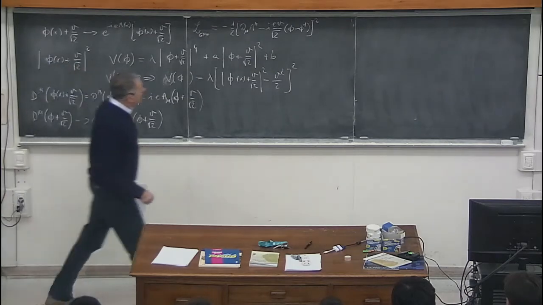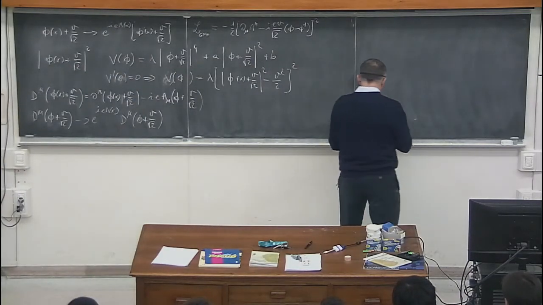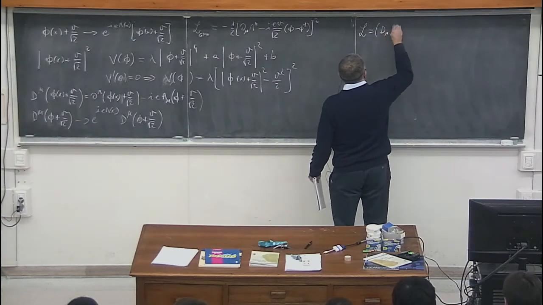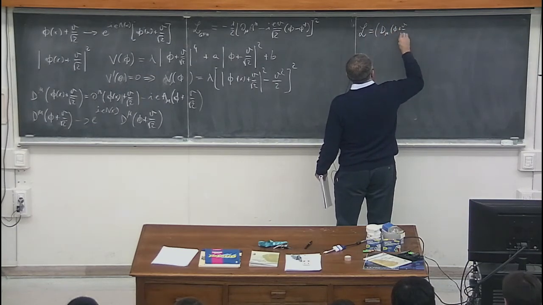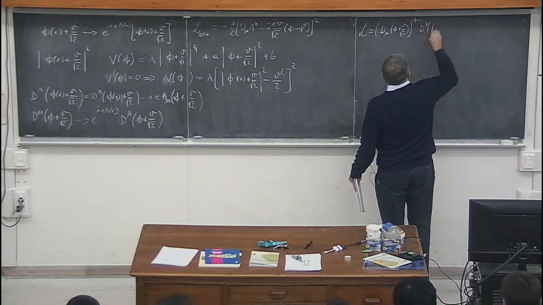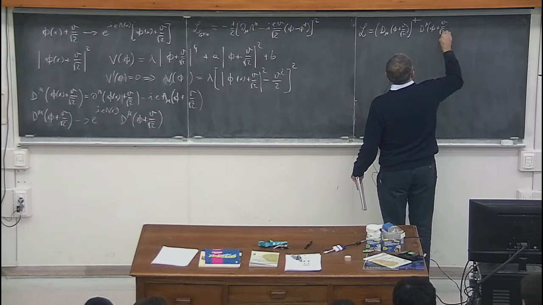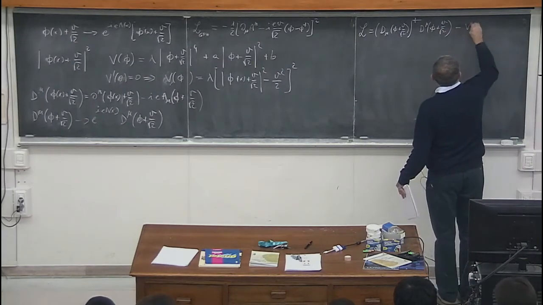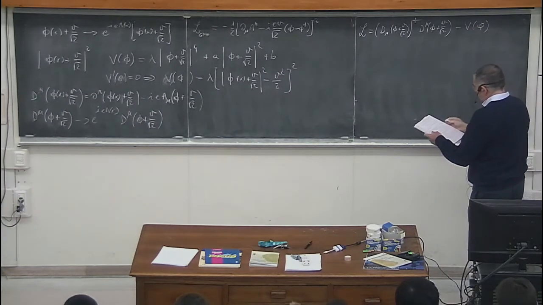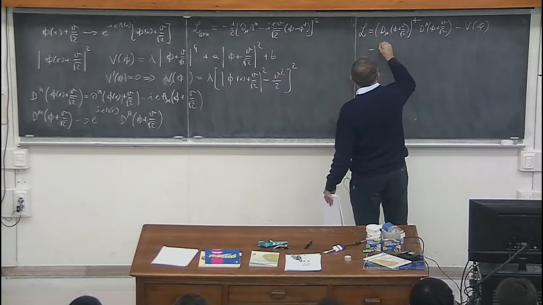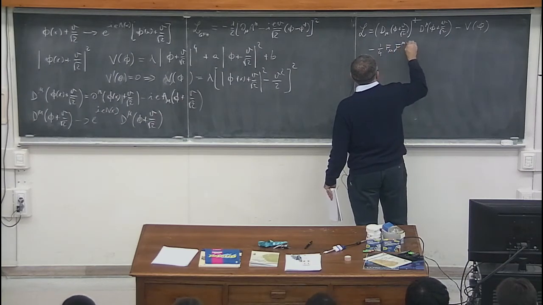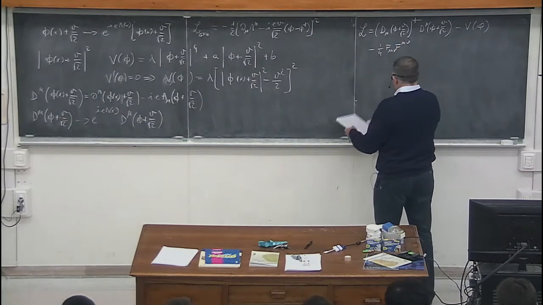So the Lagrangian density is (d mu phi plus v over root 2) Hermitian conjugate (d mu phi plus v over root 2) minus the scalar potential, which is written down there explicitly, minus 1/4 F mu nu squared, plus the gauge fixing term.